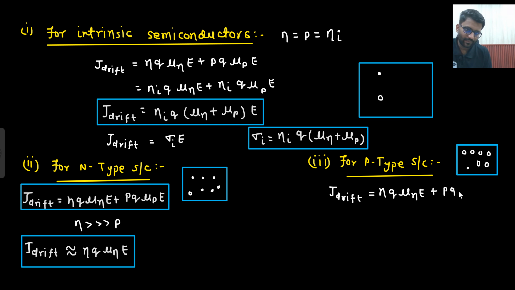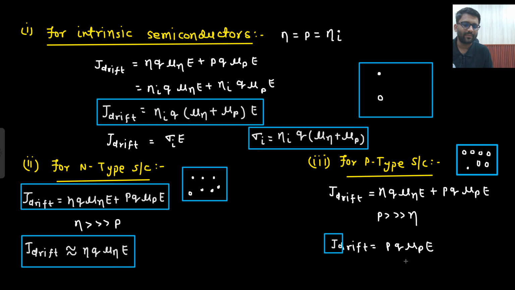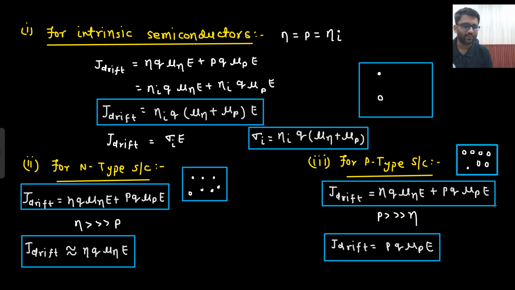But you know that P is much greater than N, so your J drift would be approximately P Q mu P into E. Like very simple thing. Just now the formula has come into action, so don't feel that this is difficult. Nothing is difficult. J equals sigma E, sigma equals N Q mu. If you just remember that, your job is done.